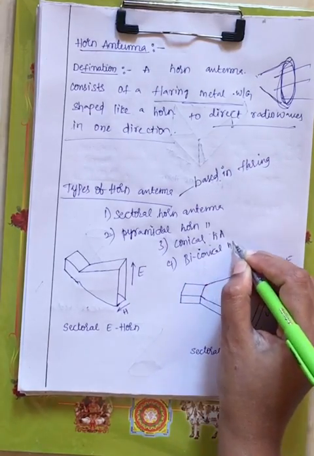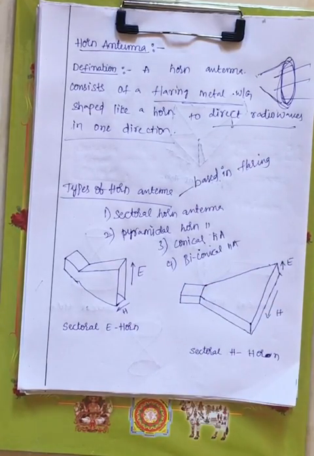These are the different types of horn antenna which are classified based on its wide mouth, that is, wide opening, its flaring. Flaring is nothing but wide opening.